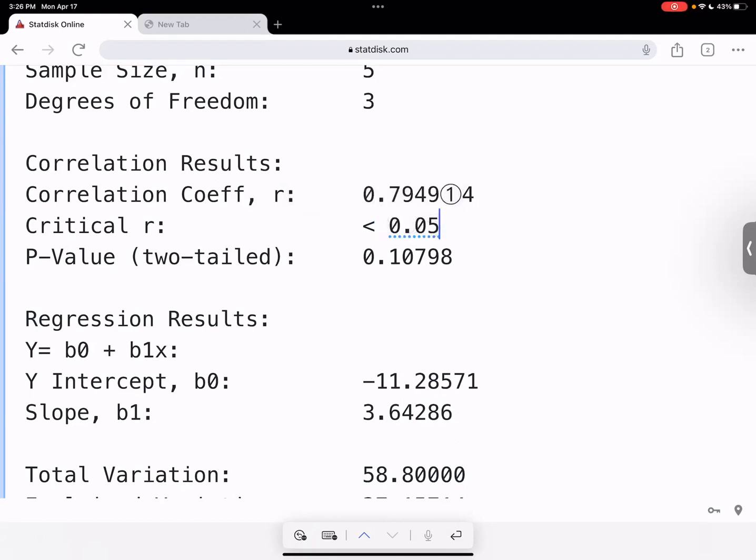Since this value is greater than 0.05, we can say we don't have a linear relationship between those two variables. So we can say no linear correlation.